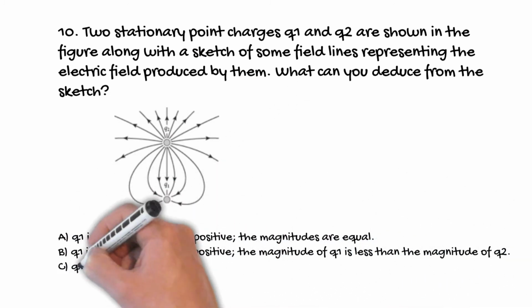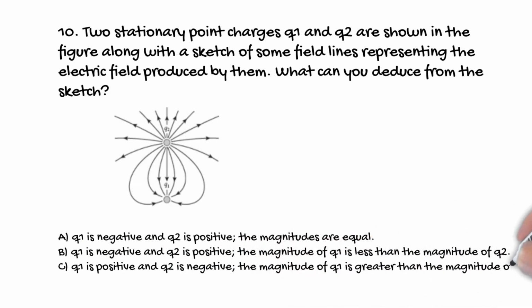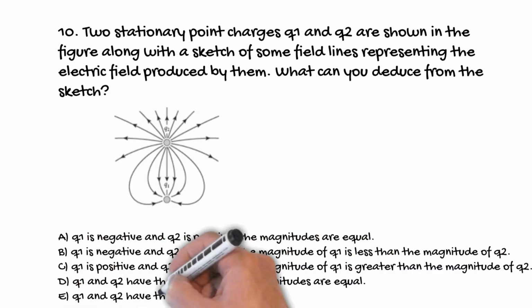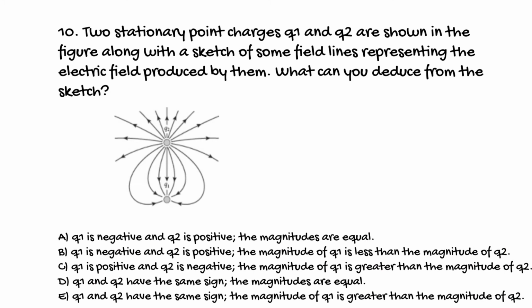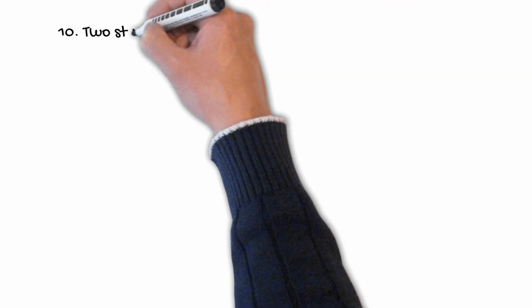Q2, you have a higher density of lines around Q2, the top charge. So that means Q2 is of a bigger magnitude, while Q1, the lines are more separated, so Q1 is a smaller charge.